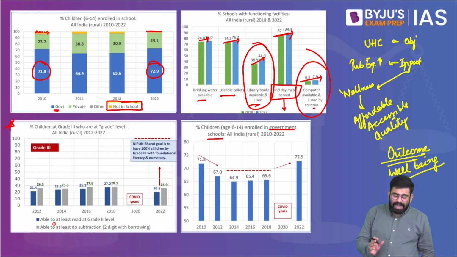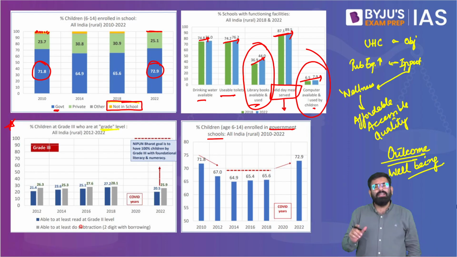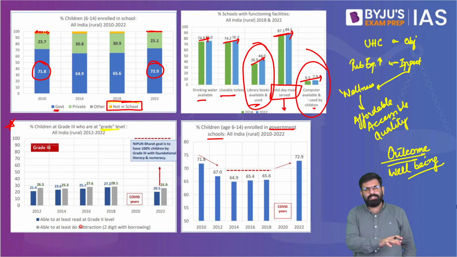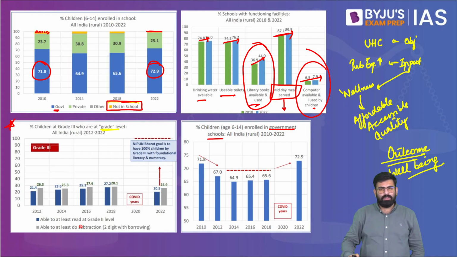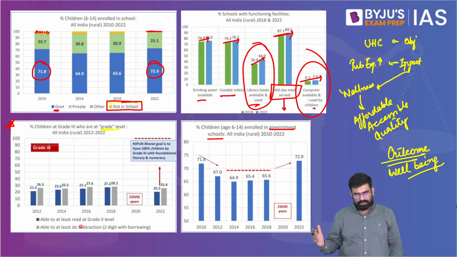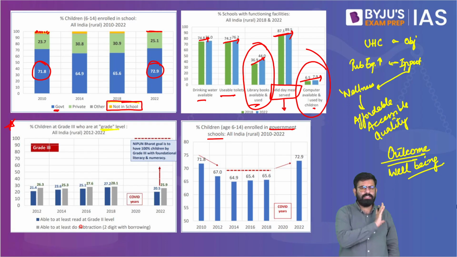When you come to learning outcomes, the basic idea is to check grade level understanding. If you are in third standard, they check whether you are able to answer questions based on second grade, because the basic assumption is that you have learned everything that was there in second grade.